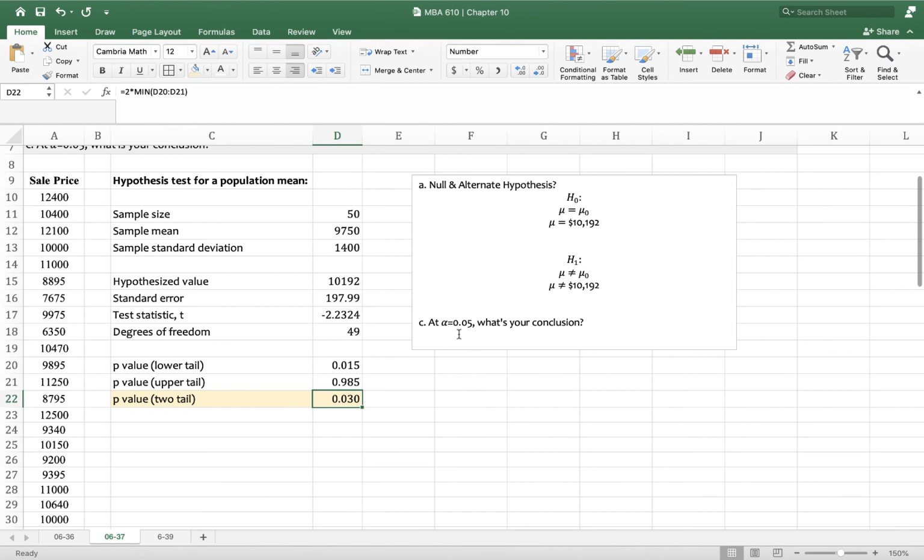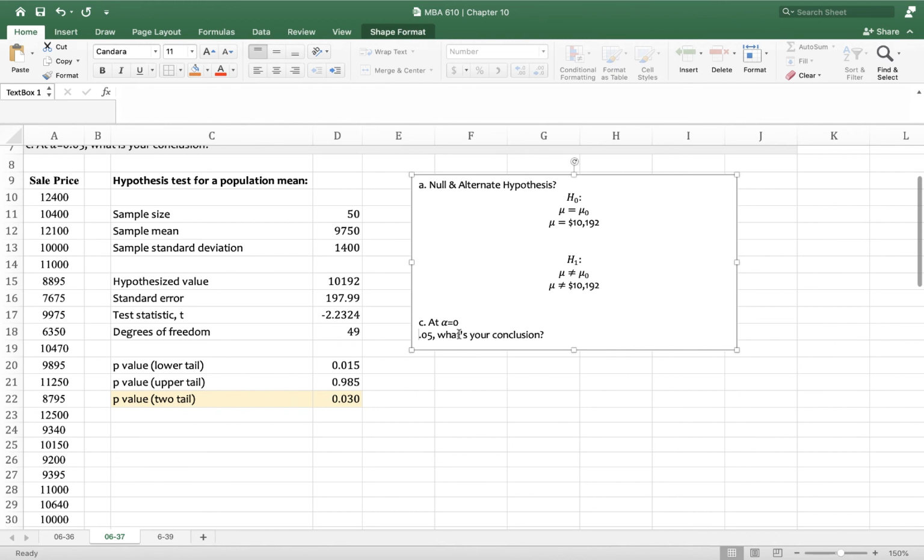But the next thing we want to know is, if alpha is 0.05, what's our conclusion? What can we conclude about this data? Are the cars at our dealership priced the same as the national average, or are they priced differently than the national average? So we can say with a p-value of 0.03, which is less than 0.05, right?